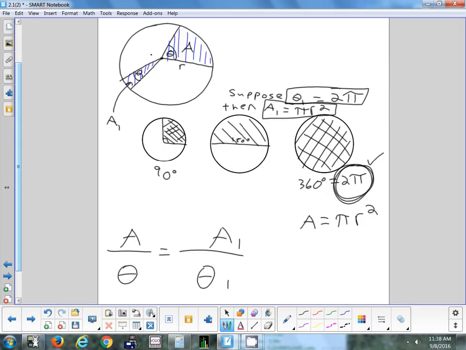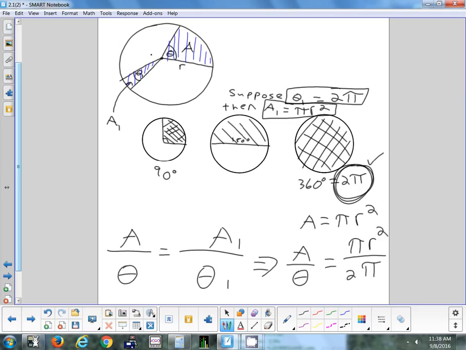And now we're going to fill in 2 things we know. Let theta 1 equal 2 pi. Let area 1 equal pi r squared. And on the other side, we don't have anything to fill in. Just leave it as A over theta.